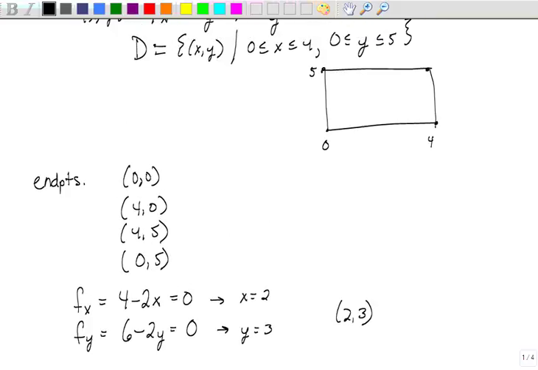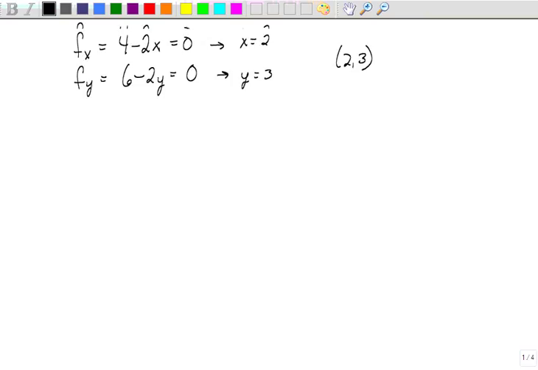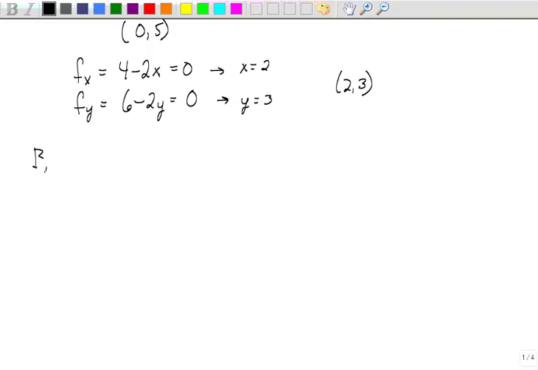Let's look at our boundaries. We have boundary 1, boundary 2, boundary 3, and boundary 4. On boundary 1, we have y equals 0. So we have f of x, 0 is 4x minus x squared. And we take the first derivative.